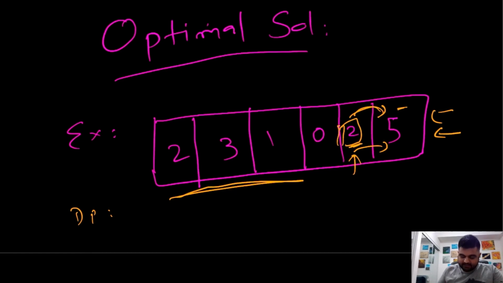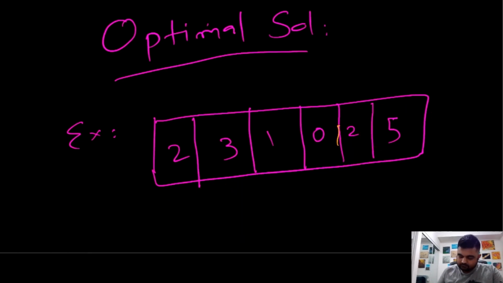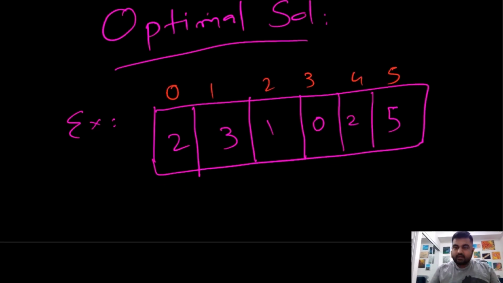So let me clean this up a bit. Let's mark all the index values. Okay, initially we create an element called final, and this final element represents the last value in the given input, and initially we set it to this index number 5, right?